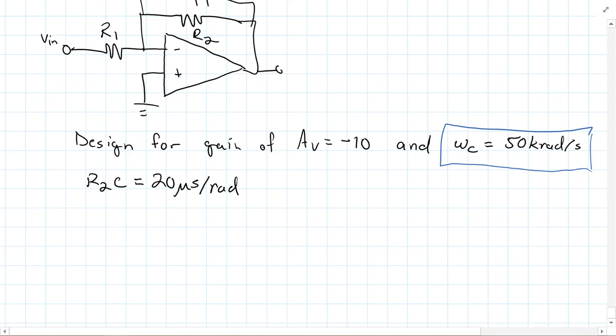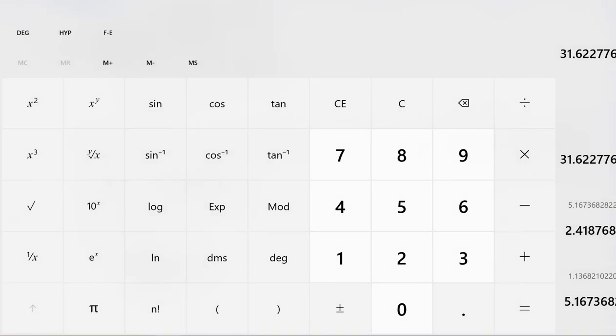So I'll go ahead here and just say let's let R2 equal 10 kilo ohms. We're going to get a reasonable value for C then, so C would just be 20 microseconds per radian divided by 10 kilo ohms.